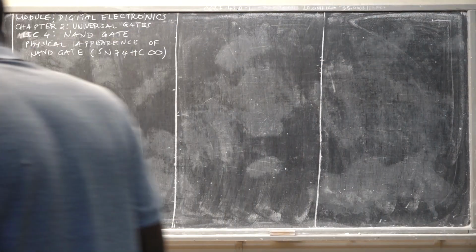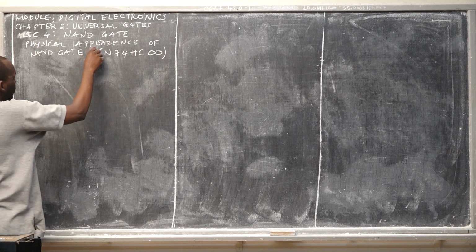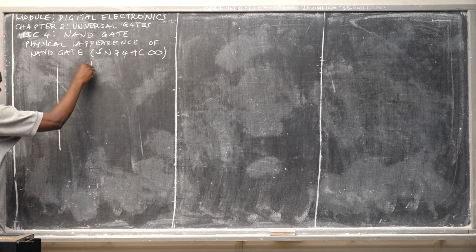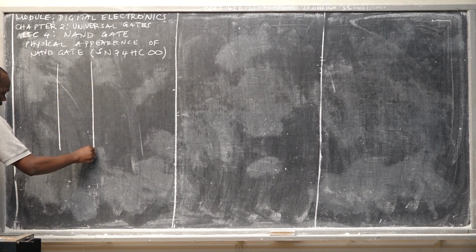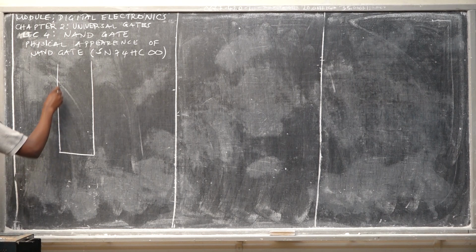Okay, so my dear students, let us continue with our lecture 4 of the NAND gate, and let us focus on the physical appearance of the NAND gate. The NAND gate that we are going to focus on is SN74HC00. This is a quad, which means this integrated circuit consists of four NAND gates.